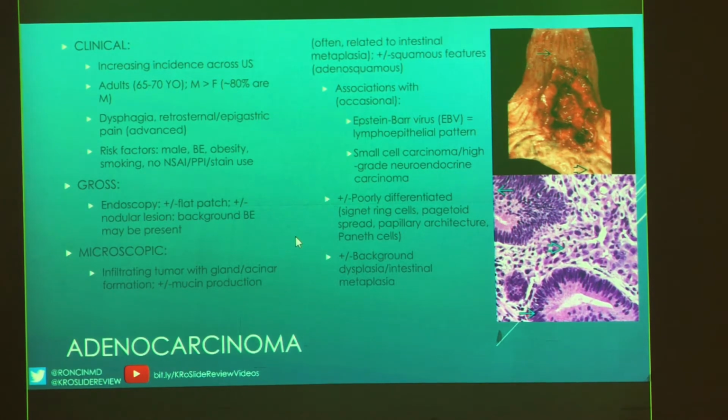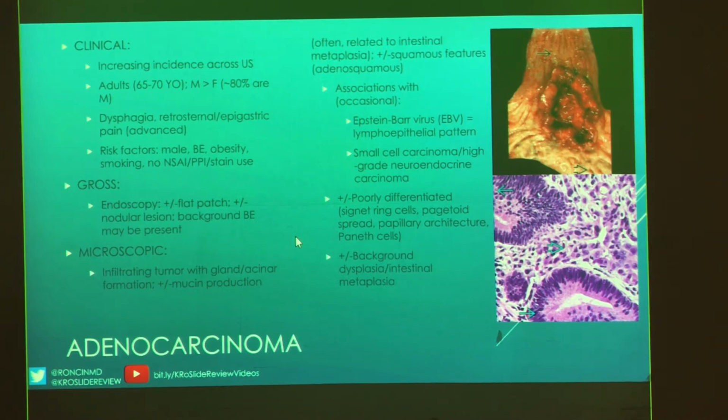On microscopic, it's going to be an infiltrating tumor with variable formation, either gland or more acinar, could have mucin. You often can see intestinal metaplasia with it, and you may even see squamous metaplasia or squamous differentiation.